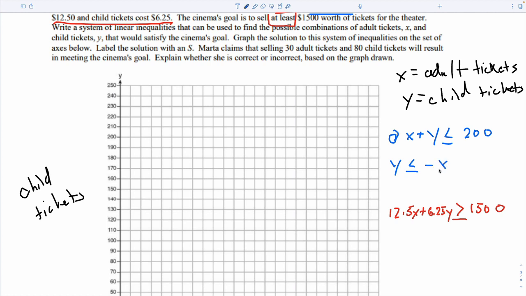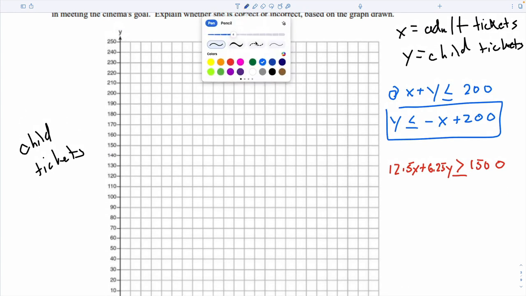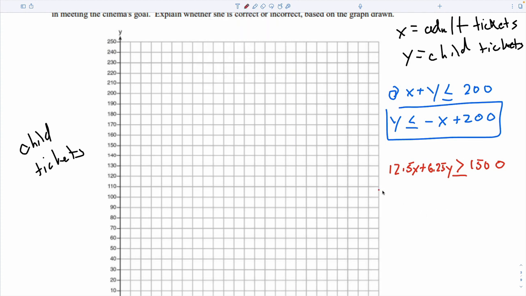Great, there's your first inequality that you're going to graph, and let's do the second one. It looks messy, hopefully it's not too bad. Subtract 12.5x.